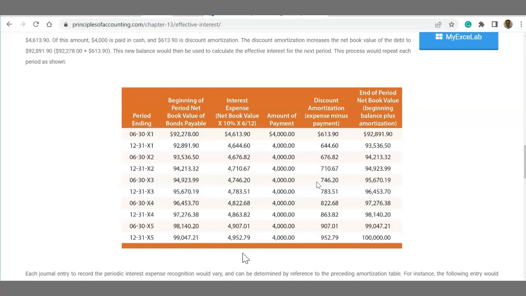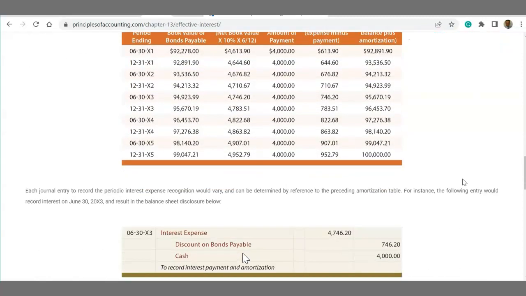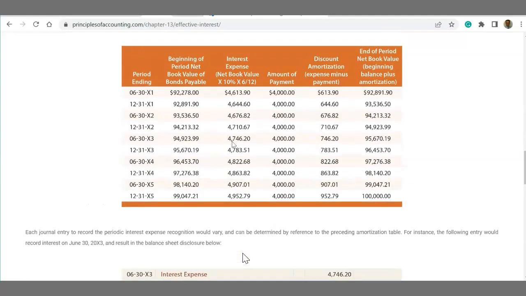Now that you have the schedule ready, then using this schedule every 6 months, you can do this journal entry. So you pay the $4,000 to investors, and the interest expense will be recognized based on whatever is in here. So this is first part of year 3. So first part of year 3, the interest expense is 4,746.